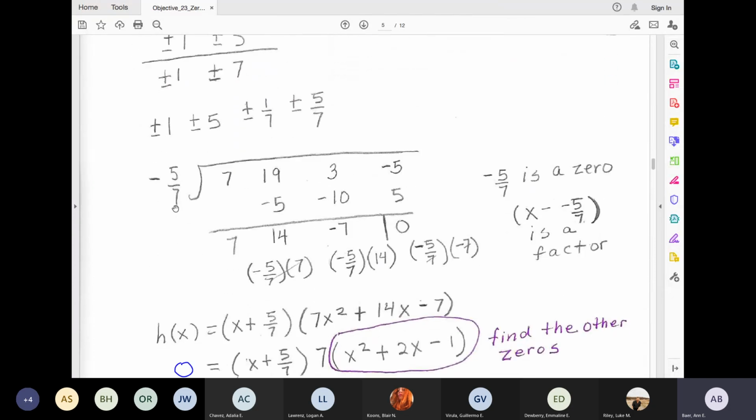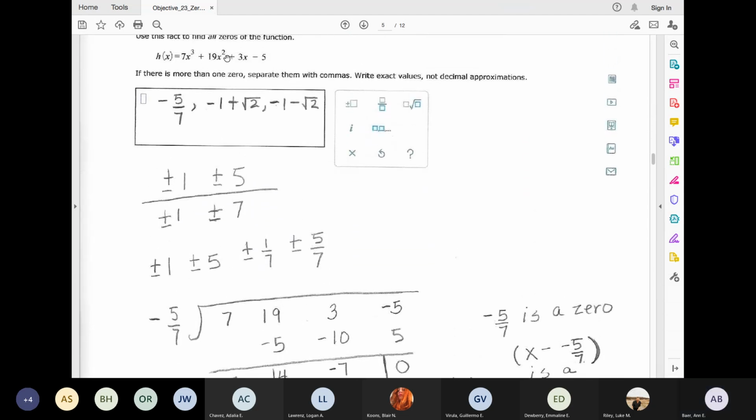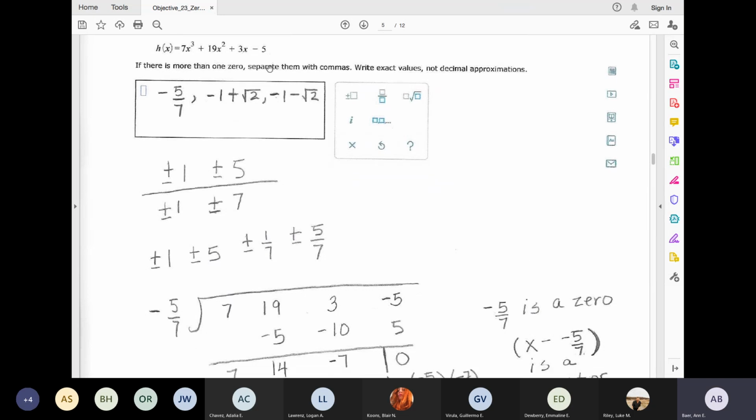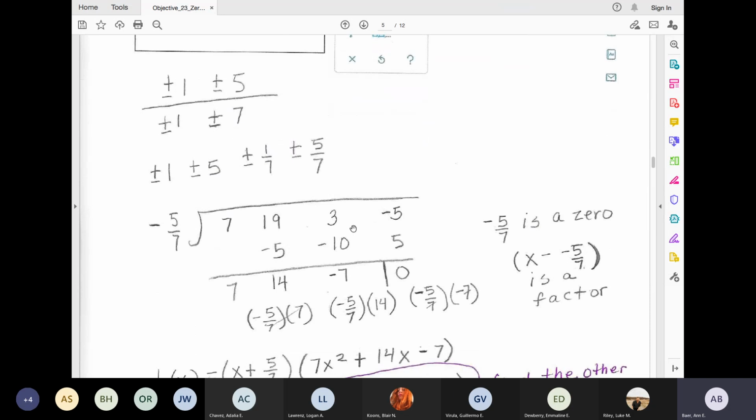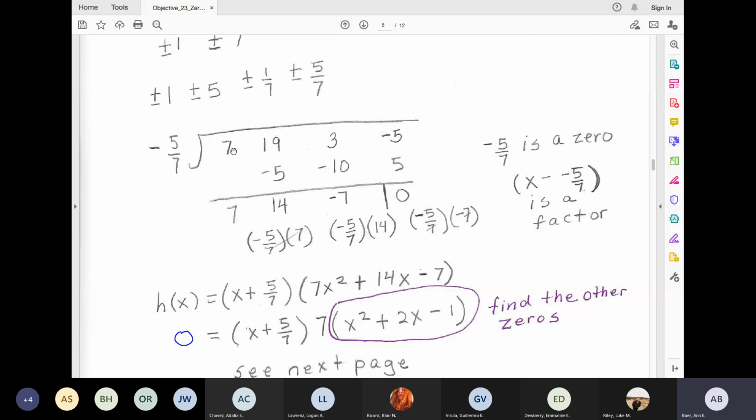So we're going to put it through synthetic division. What are we going to use across the top? We've got all of our terms. So we're going to use 7, 19, 3, and -5. We're going to drop this straight down.